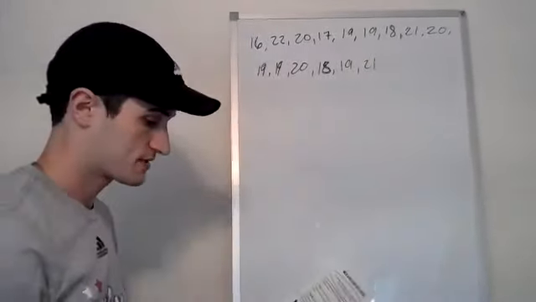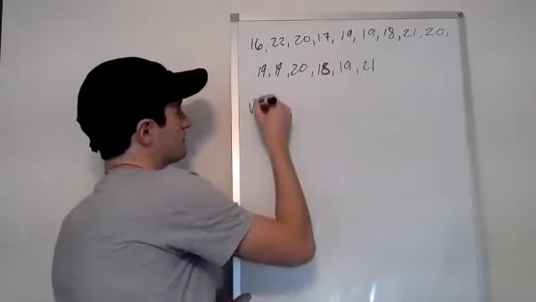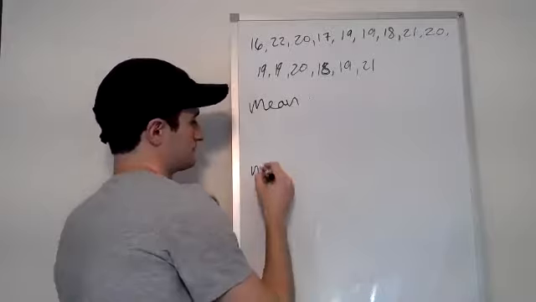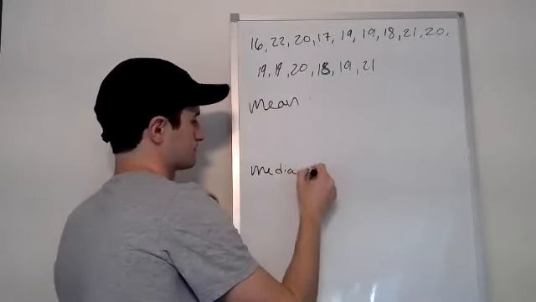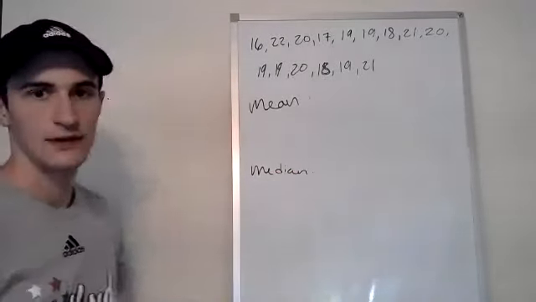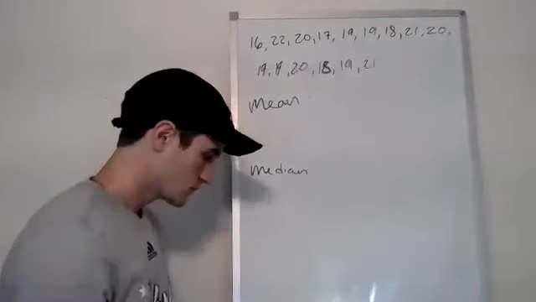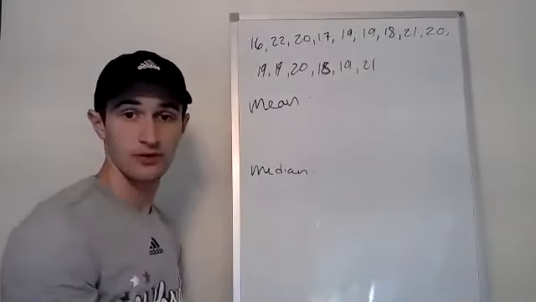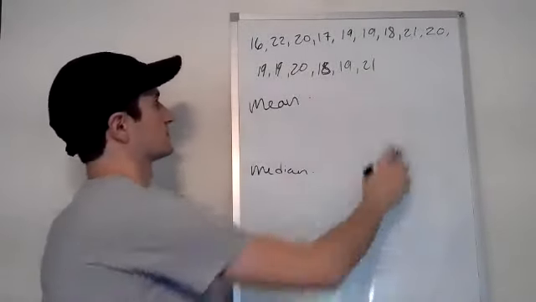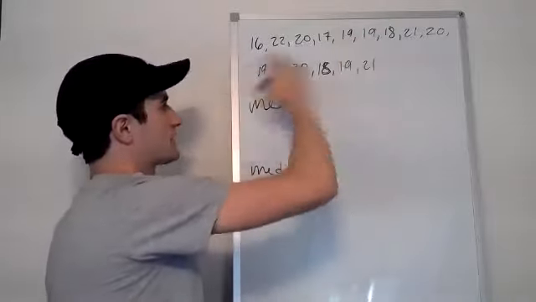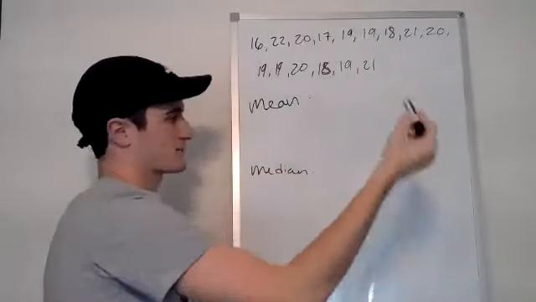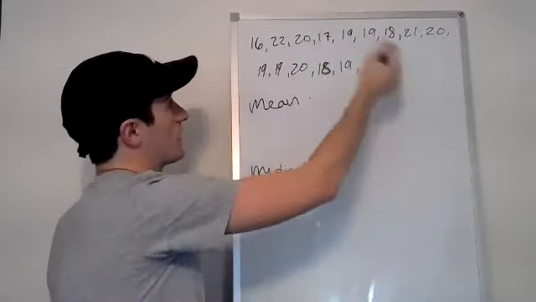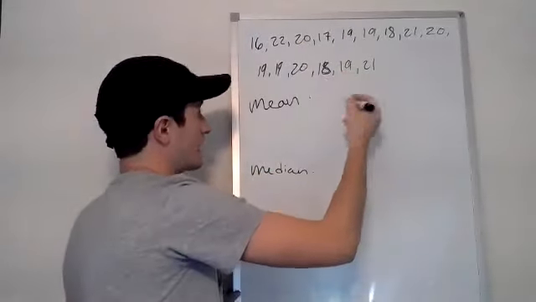And what it wants us to do is find the mean. It wants us to find the median. Okay. So to find the mean, you're actually just going to add them up and divide by the total number of numbers, the total number of data values in the list. So the total number of counselors, in this case, is 15. So we take all of that and add it up.